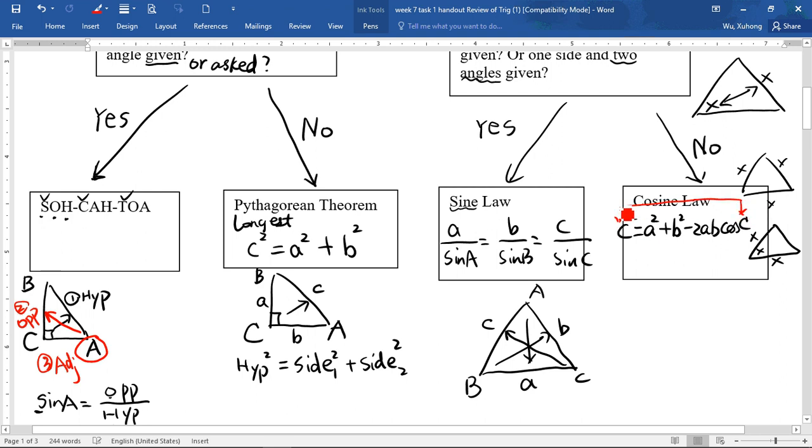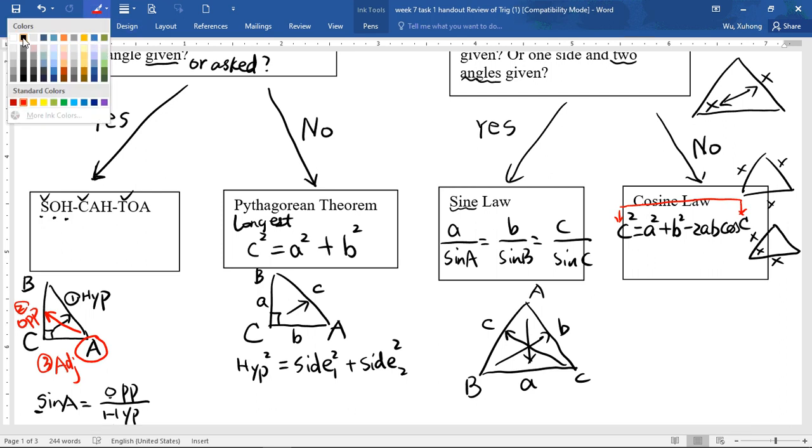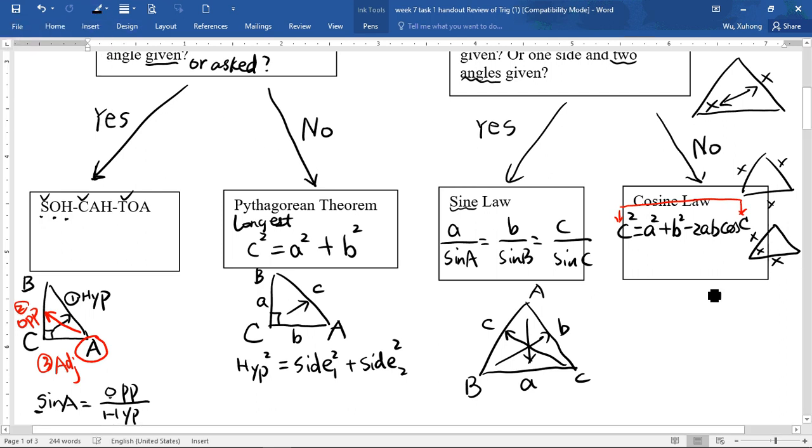This is side c, this is angle C. And because you have three sides and angles in a triangle, you also have the other two forms of the cosine law. So when are you going to use c? You are looking for side c, okay?